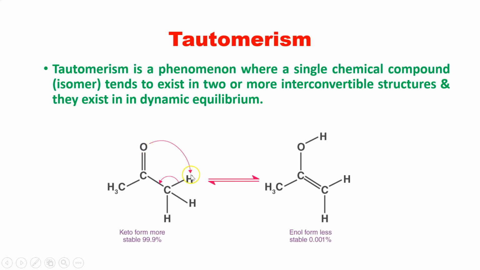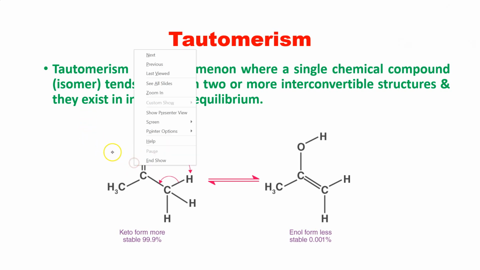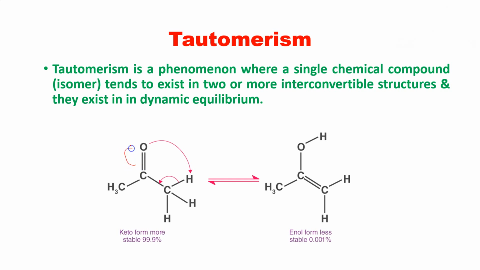But this arrow is a fishhook arrow, which is only for transfer of electrons, which is showing that electrons are being transferred towards a hydrogen, and hydrogen is liberating electrons towards the carbon, and carbon forms a double bond. And here there is one more thing, that this pi bond breaks, and it transfers the electrons towards oxygen, and that is why it bears a negative charge, which means that it is having extra electrons, and these electrons now will abstract the hydrogen from here, and it forms a new bond.